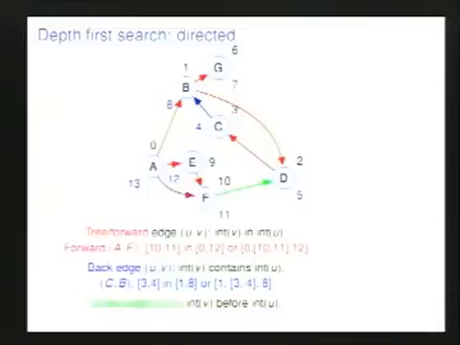It's a node you've already explored, but it's not on the stack. It's not one of your ancestors. So either you've already explored it and it's one of your ancestors, in which case it's a back edge, or you've already explored it and it's not on the stack anymore. So its interval is already completely disjoint. Okay, so that's what a cross edge is. Those are the only kinds of edges that are possible in the relationships with these intervals.